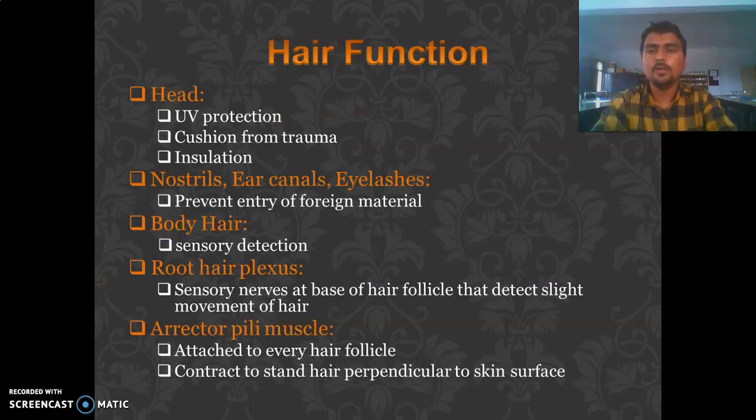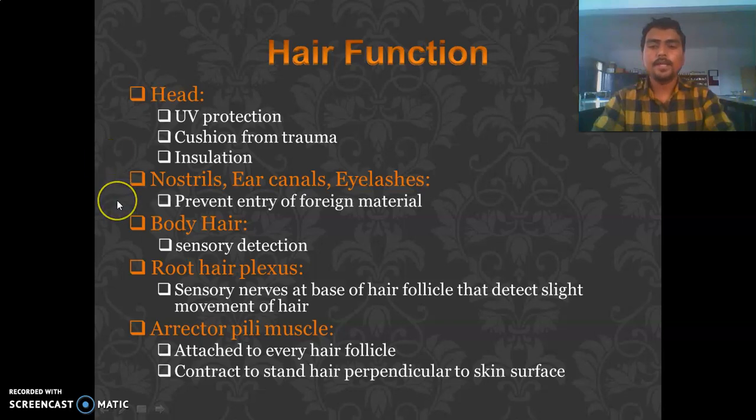Now the function of hair. Hairs present on the head protect from UV light, cushion from trauma, and provide insulation. Hairs present in the nostrils, ear canals, and eyelashes prevent the entry of foreign material into the body, and the body's hairs give sensory detection to the body.